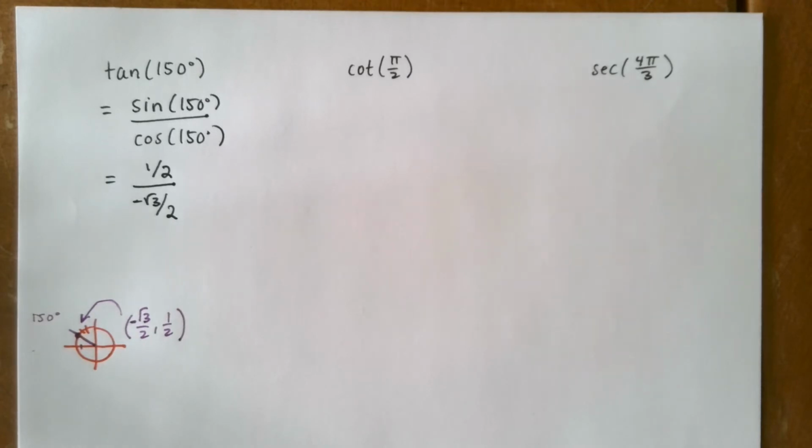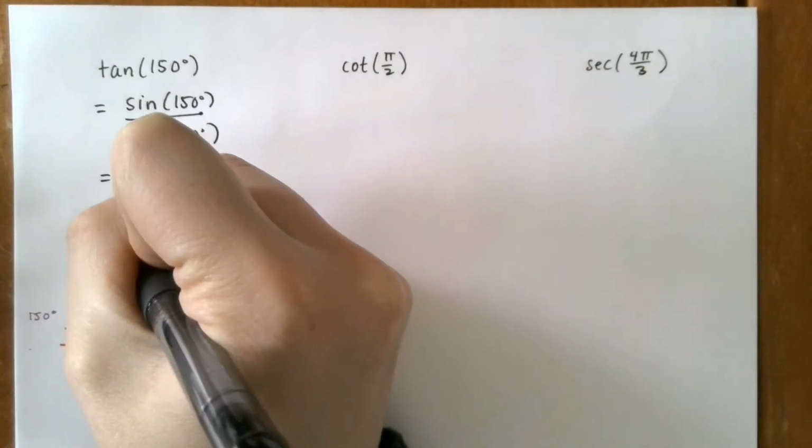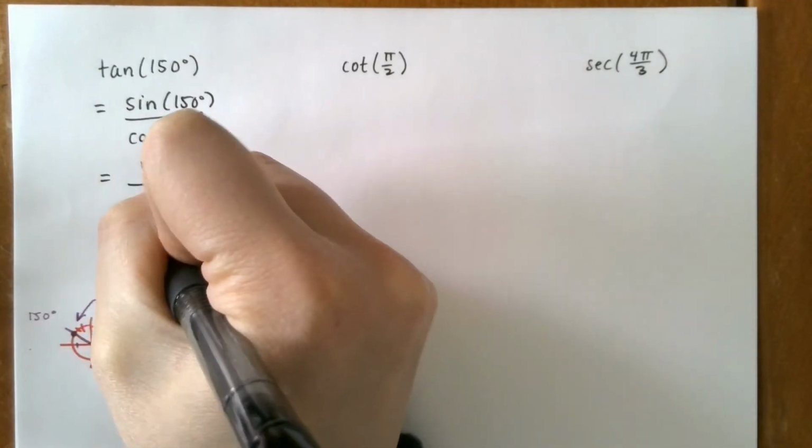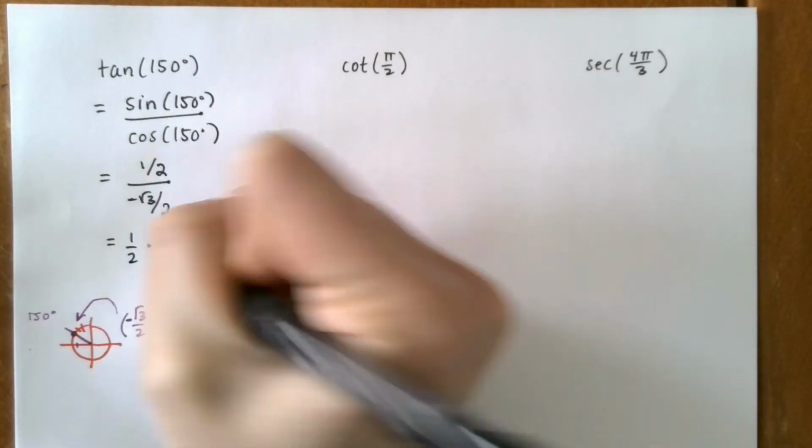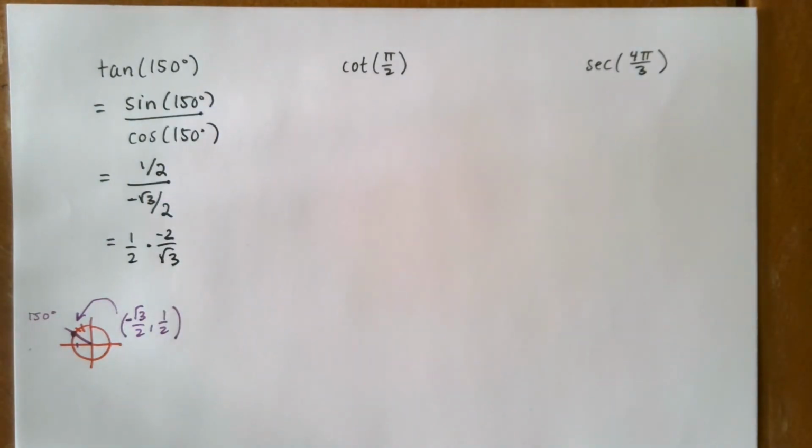This looks kind of messy. It's a fraction of fractions. So what I'm going to do is actually compute the division. So 1/2 divided by negative root 3 over 2 is the same as 1/2 times negative 2 over root 3. What I've done here is multiply by the reciprocal of the denominator.